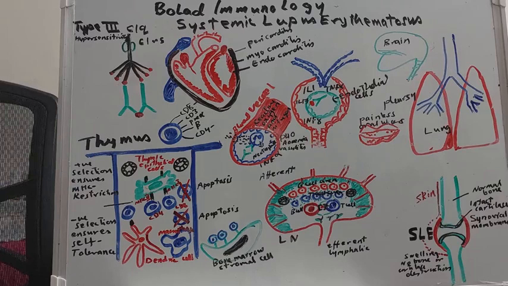If they show autoreactivity, they will be killed by apoptosis, and actually this is known as negative selection. And only well-educated B cells are allowed to go outside from the bone marrow to patrol the body.